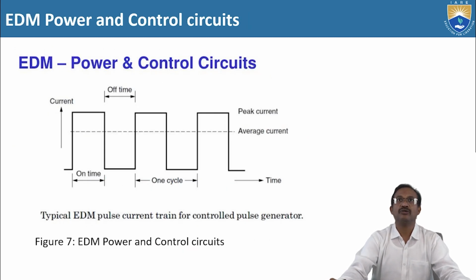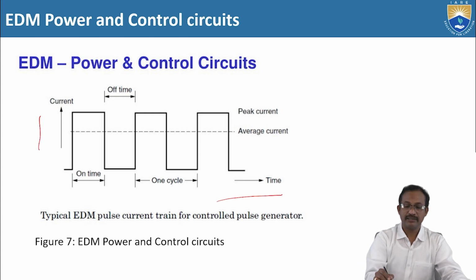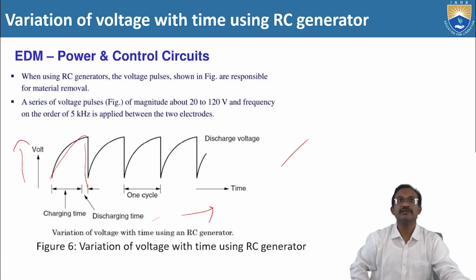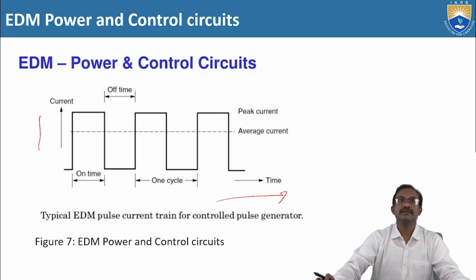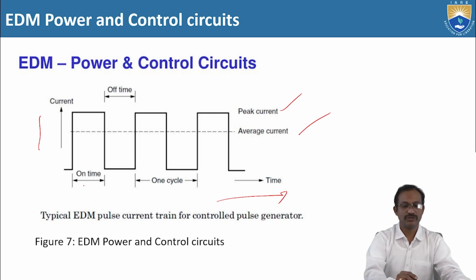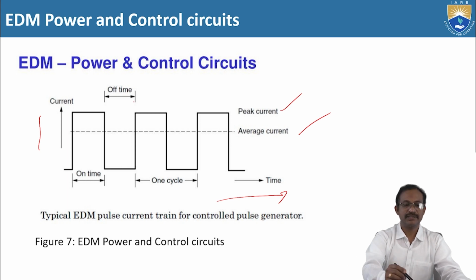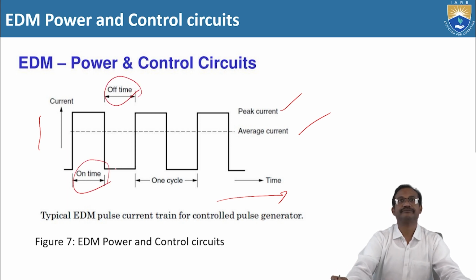Next, power and control circuits with respect to current and time. Earlier one was voltage and time. Now this is current and time. So this is average current, this is peak current. On time, off time, this is called one cycle.